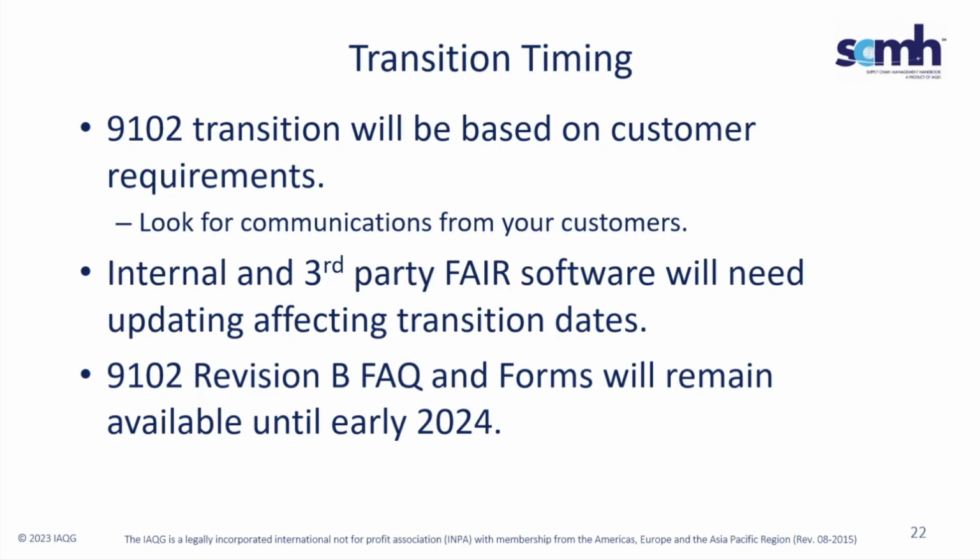Several software companies have committed to making these changes in Q4 of 2023. The 9102 Rev B FAQs and forms will remain available until early 2024 on the IAQG and Supply Chain Management Handbook sites.